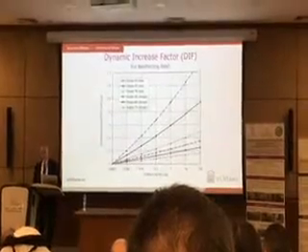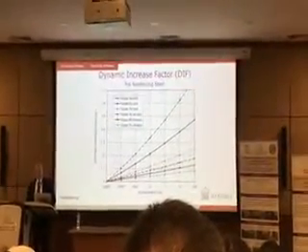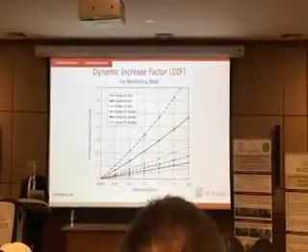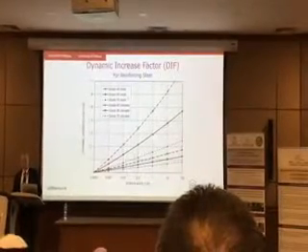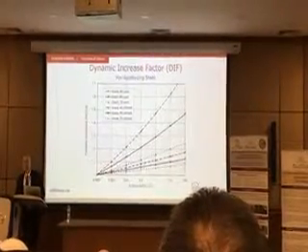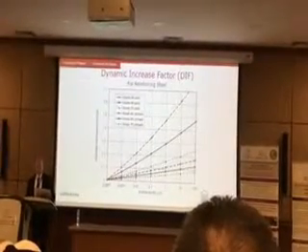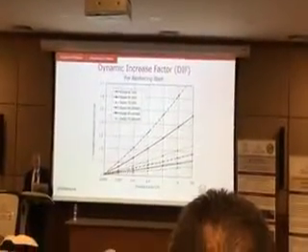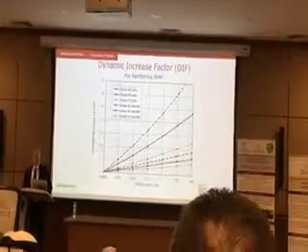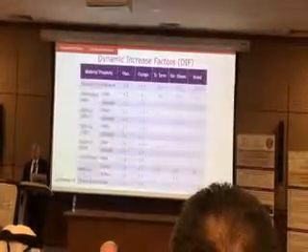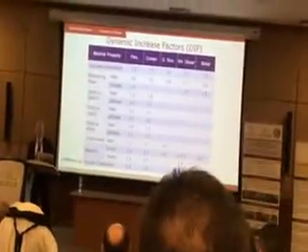This is for reinforcing steel taken from ASCE based on grade of steel. We usually use grade 60 KSI, which is equal to 400 MPa steel. And you can see that steel yield strength also increases quite significantly due to dynamic load effects.